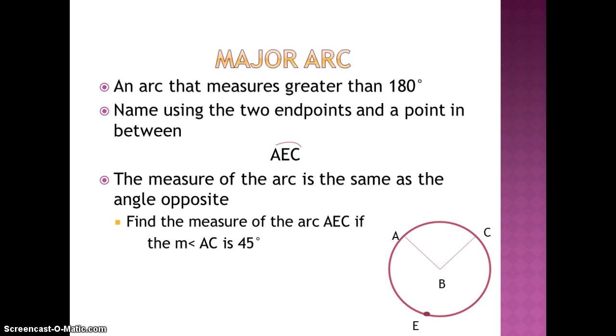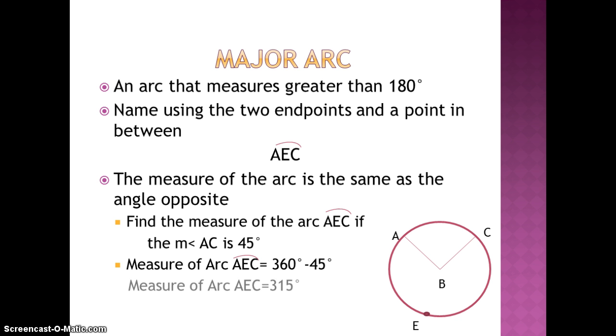So we want to find the measure of the arc AEC if the measure of angle AC is 45 degrees. So the measure of arc AEC is going to be 360 degrees, which is the whole circle, minus 45 degrees, which is the little part that we don't need. So the measure of arc AEC is going to be 315 degrees.